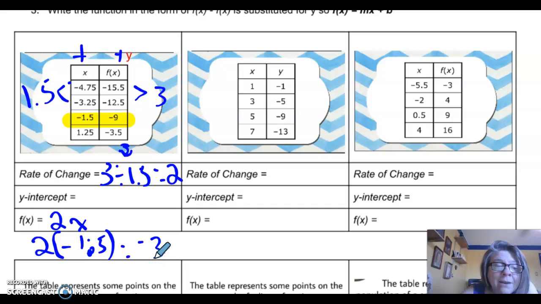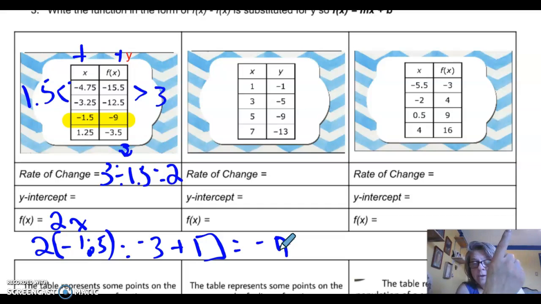Now I need to know what I need to add to negative 3, there's a little box here, to get me to negative 9. I can even count on my fingers: negative 3, negative 4, negative 5, negative 6, negative 7, negative 8, negative 9.